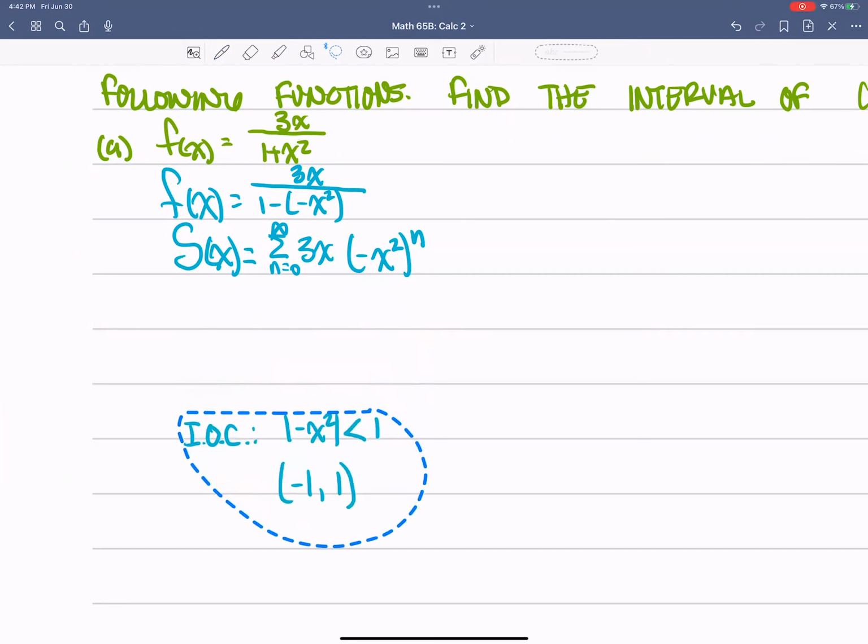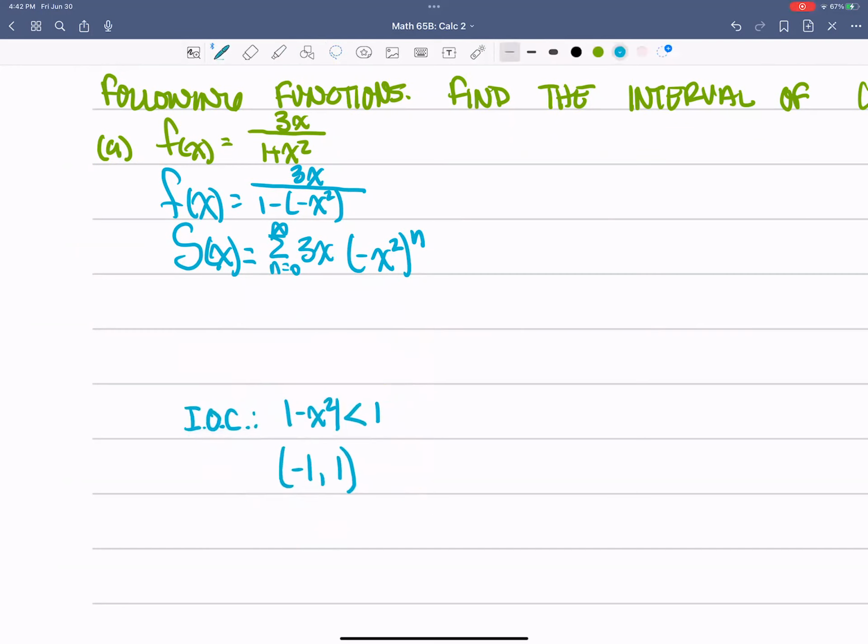So let's scooch this down. This is going to be the sum as n goes from 0 to infinity, 3x, and we could move this negative 1 to the power n, x squared to the power n. It might not really look that pretty, but negative 1 to the power n times 3x.